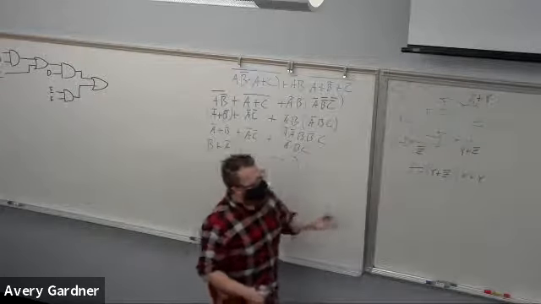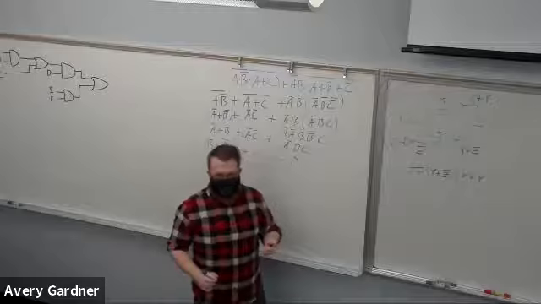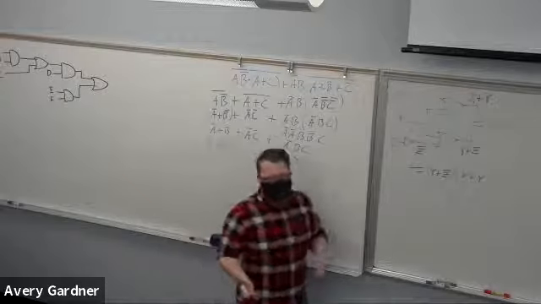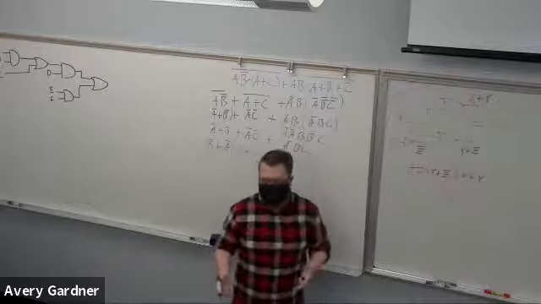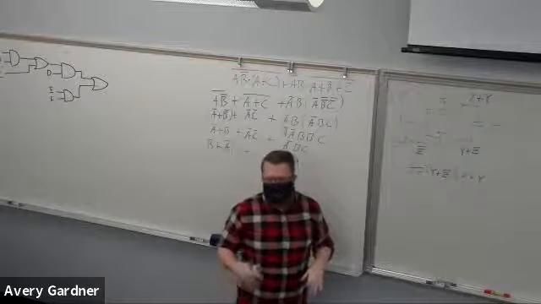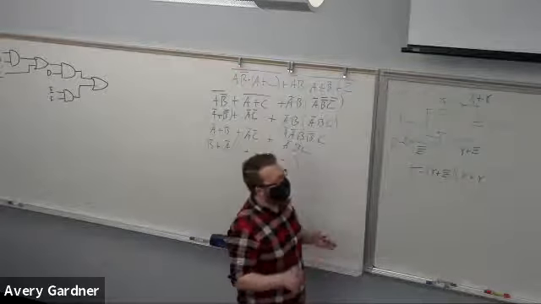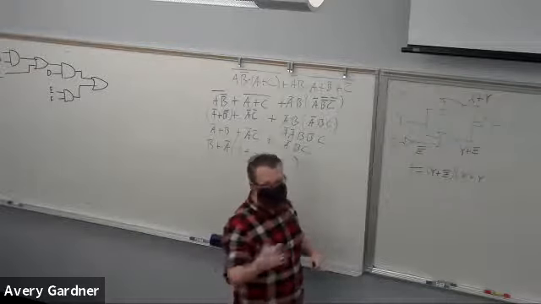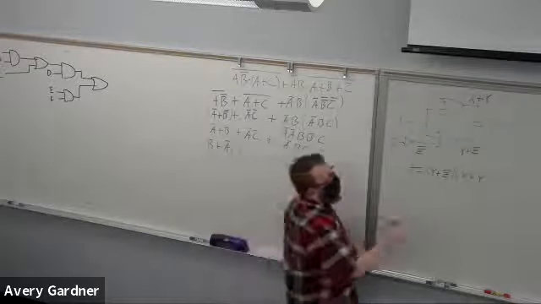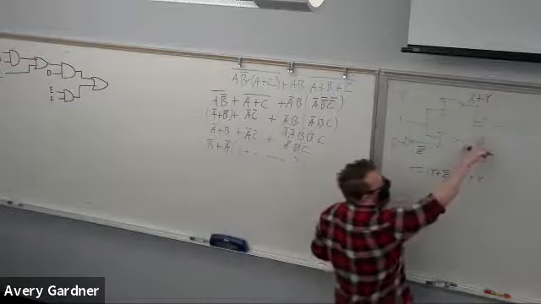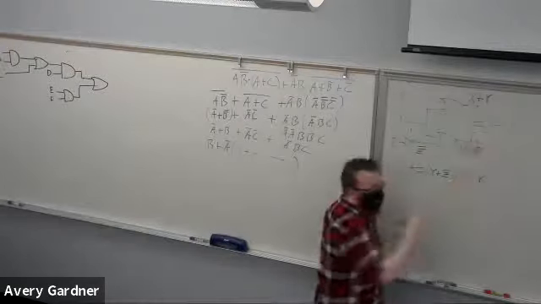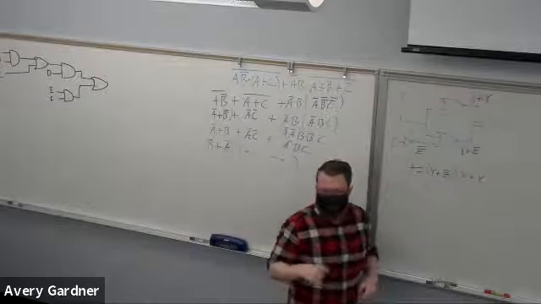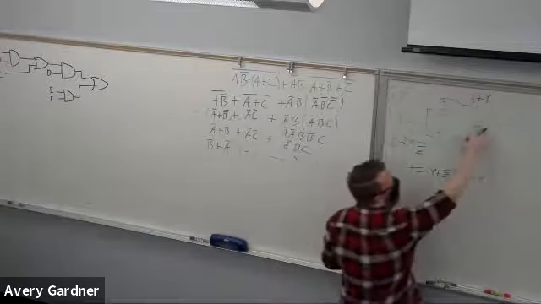Now, if I want to do this conversion, what I do, I always just call bubble pushing. I'm sure it has a proper name or something. You'll see different ways of doing it, and I always recommend this one. So this is a right to left methodology where I have the AND gate, and I'm going to turn it into a NOR gate, because NOR is one of our universal gates.